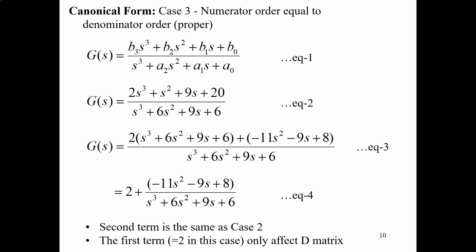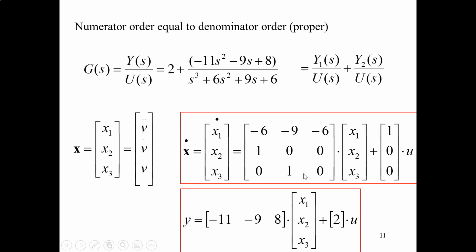So this is what we can do. I'll consider this as 2 plus all that. The transfer function equals y over u, that's output over input in the frequency domain. Now y, I can divide into two parts. One is y1, the other is y2.